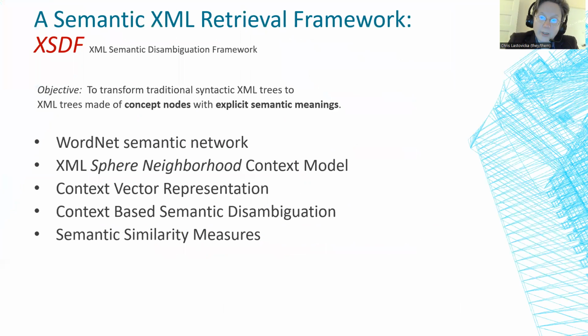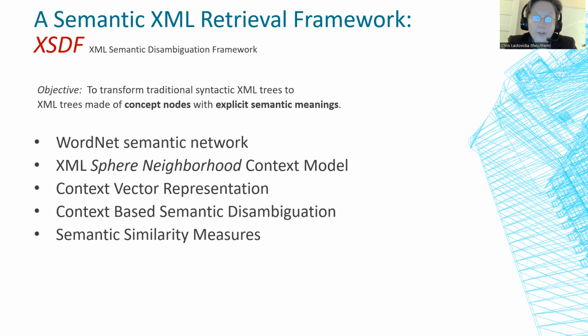Now we will talk about the actual article that came up with a new way of retrieving Semantic XML, a new framework for this, called XSDF. That's what they've named it. XML Semantic Disambiguation Framework.